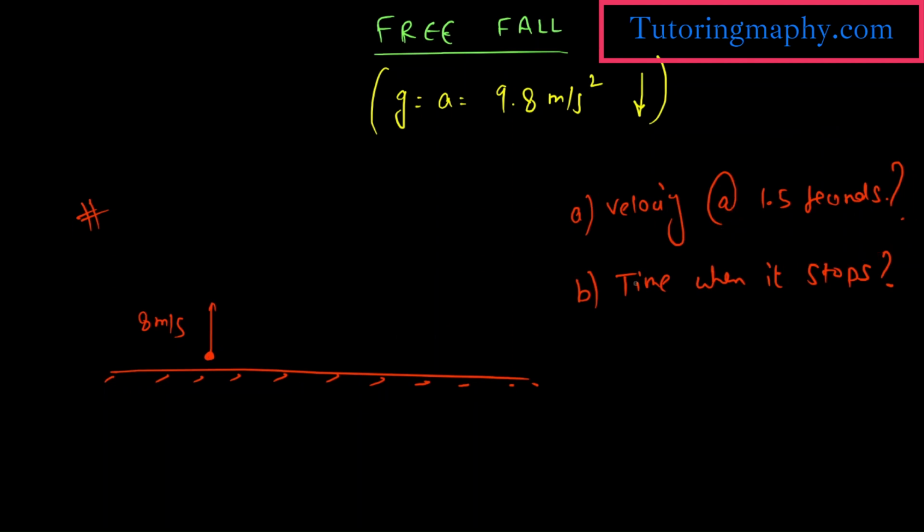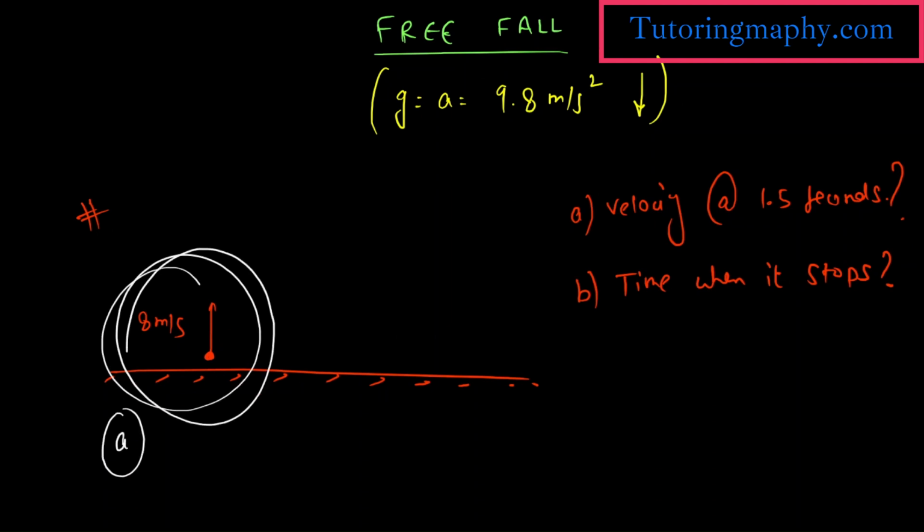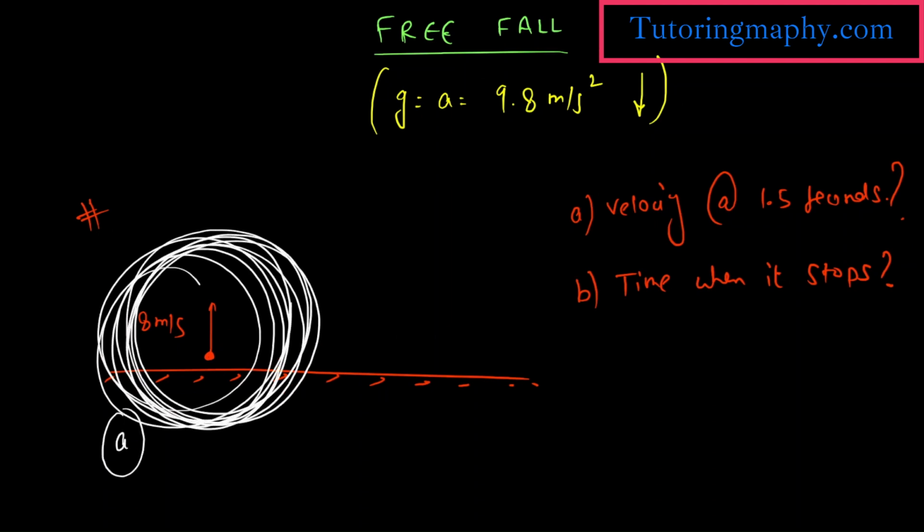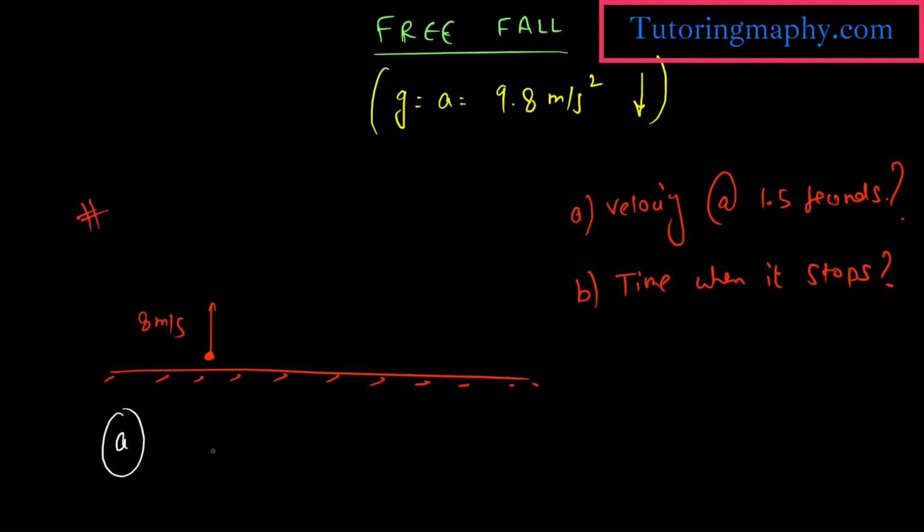Then what would initial be? Oh, 8 meters per second. 9.8 times 1.5 is 14.7, plus 8.